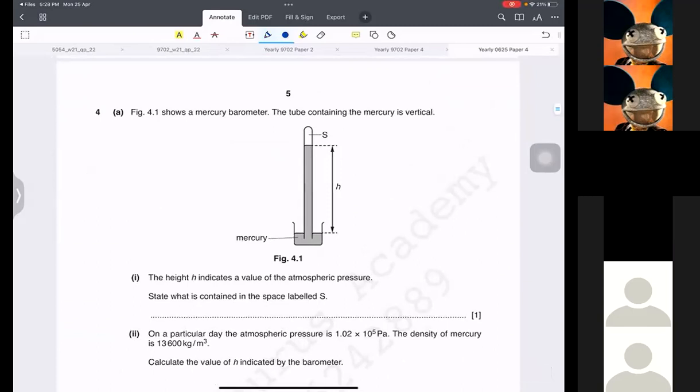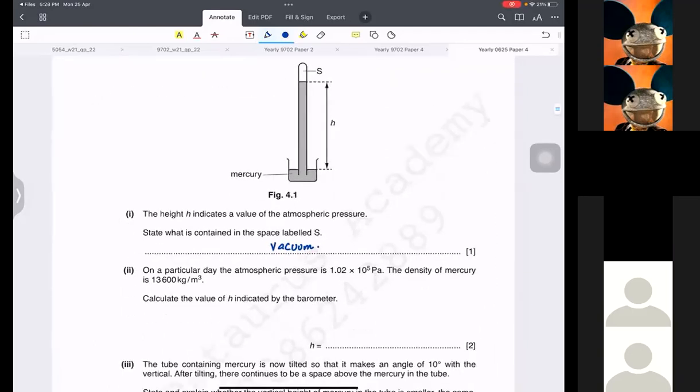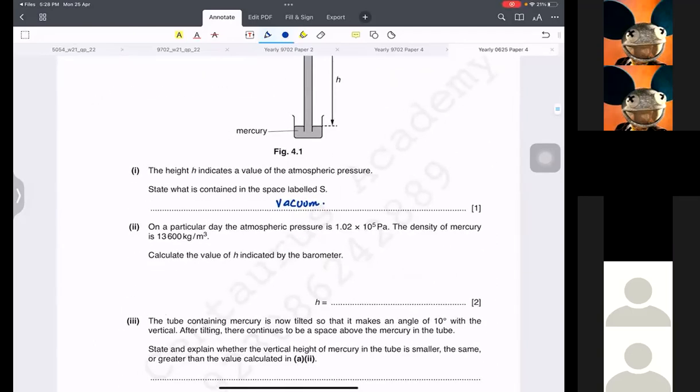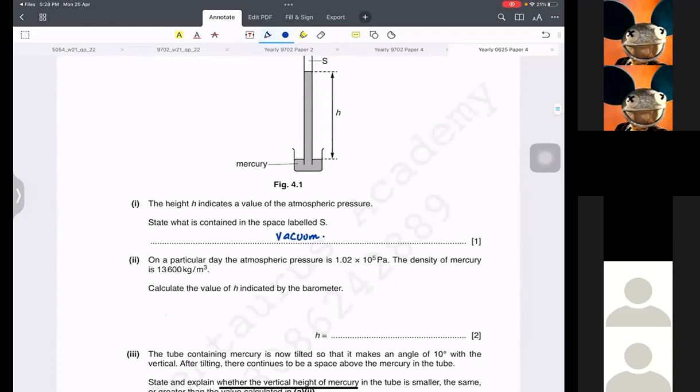In this question, it says what is contained in the space that's always vacuum. Calculate the value of H. Basically, a mercury barometer gives you atmospheric pressure.